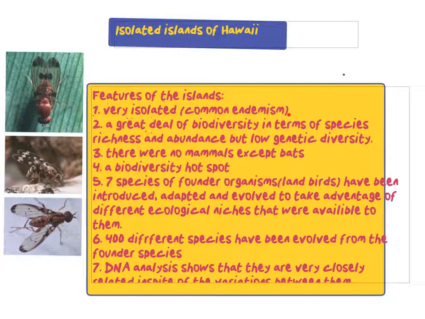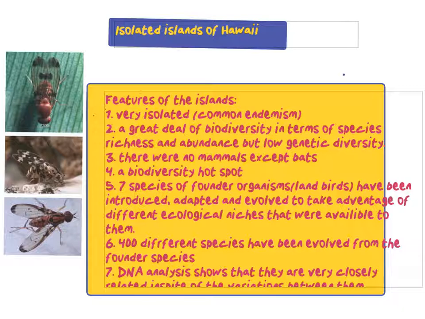They have a great deal of biodiversity in terms of species richness and species abundance, but they have low genetic diversity. There are no mammals except bats. The region is considered a biodiversity hotspot, meaning it has a wide variety of species.